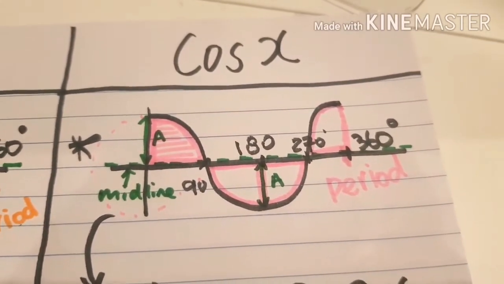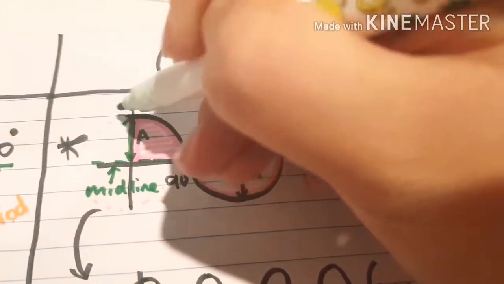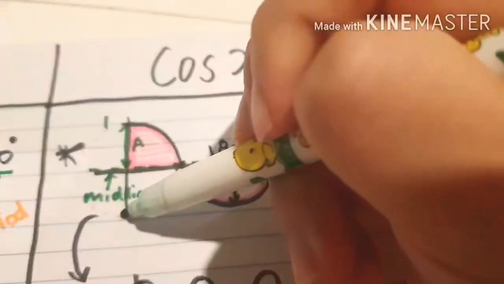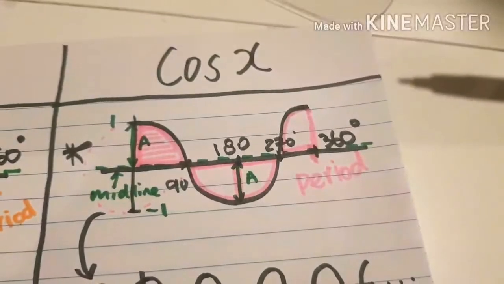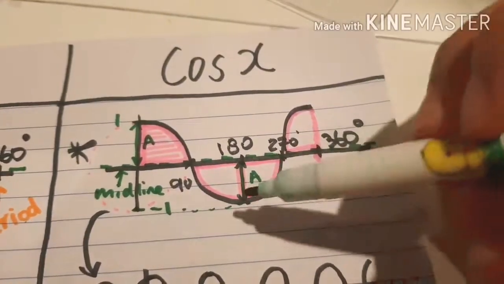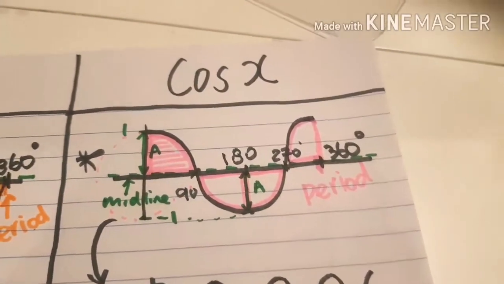For the original cosine function, the value over here will always be 1, so this distance and that value should be -1. So this point should be 180, -1 as its coordinate.